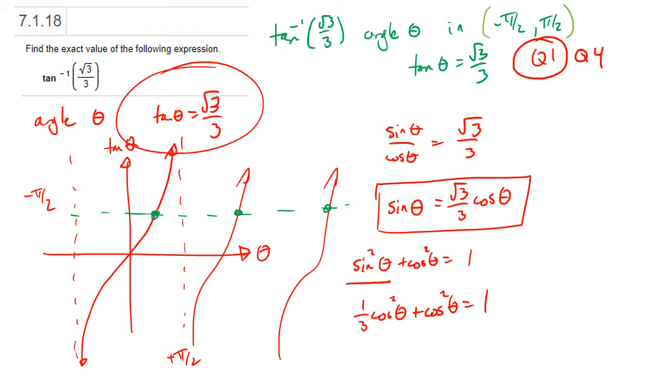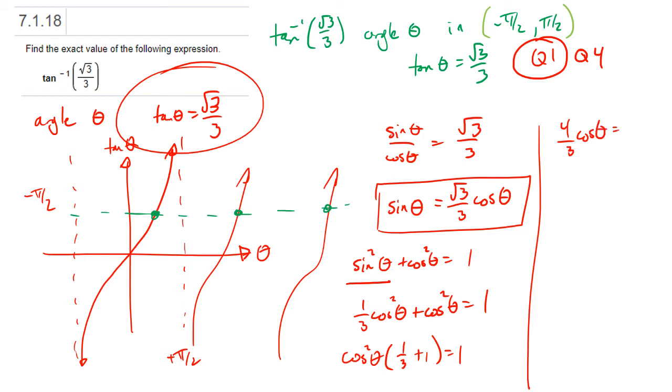So here I have 1/3 cos squared plus another 1 cos squared. If I factor that out, this tells me that 4/3 times cos squared of theta is equal to 1. So cos squared of theta is equal to 3/4.